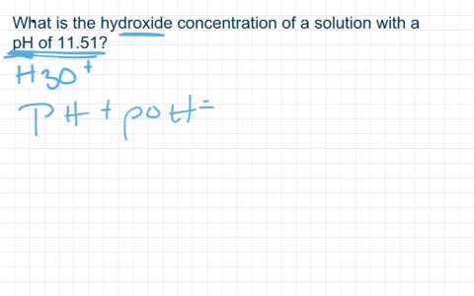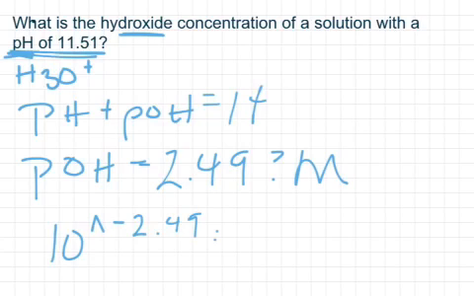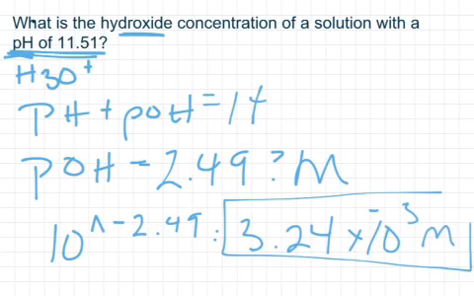So the pOH that we need is 14 minus 11.51, which is 2.49. But that's not the final answer. We want to know how this relates to molarity. The opposite of the negative log is 10 to the negative 2.49, which is 3.24 times 10 to the negative 3 molar. And that is what we were looking for.